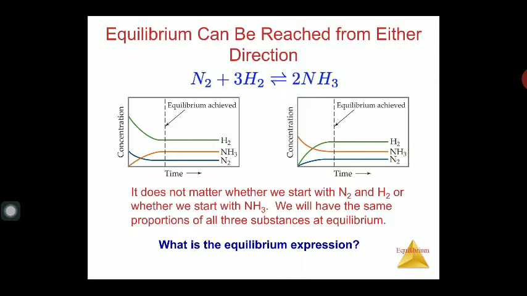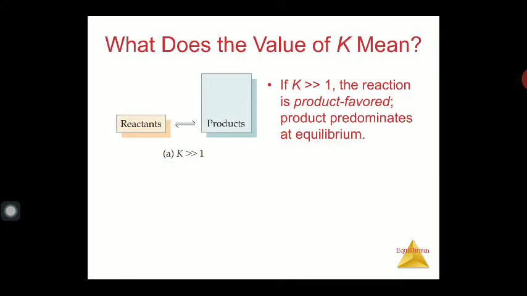So now how you can write the equilibrium expression for such a reaction? So what does the value of K mean for this reaction? Particularly, after calculating the value of K, if the value of K is much greater than 1, in this condition we can easily estimate the reaction is moving in the forward direction.